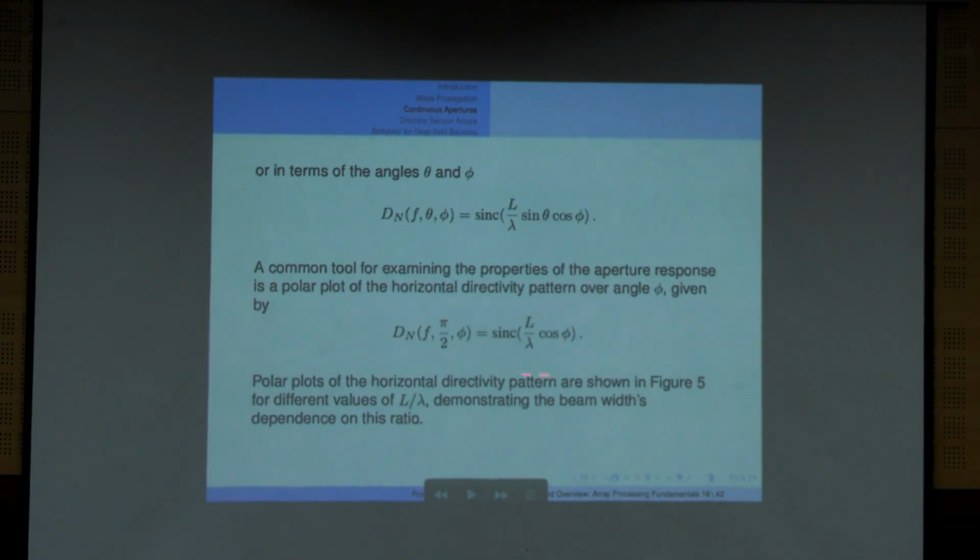So this is the normalized directivity pattern of this linear aperture without designing anything. We didn't change anything. We just want to know what its response is. This simple case. Yes?